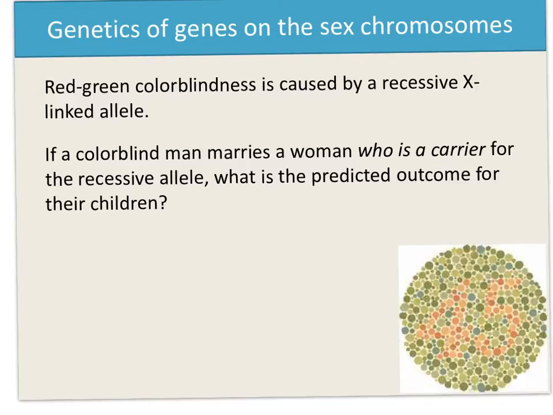alleles that are recessive are more likely to be exposed. Because it turns out every one of you has probably 40 or 50 mutations that no one else has. They just happen.